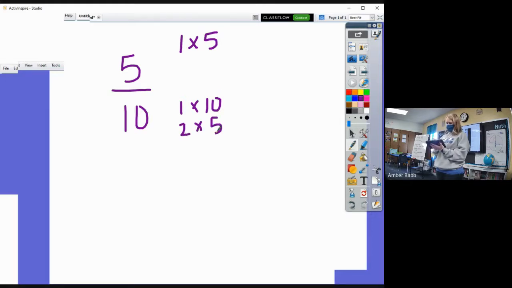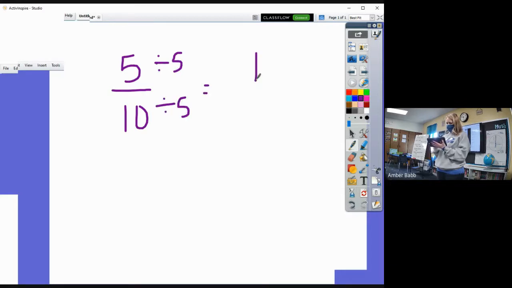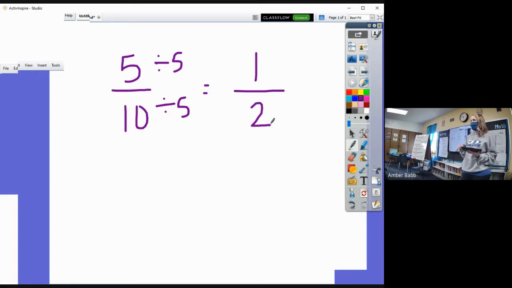What's my greatest common factor? 5. I'm going to divide the top and the bottom by 5. And when I do that, I get a 1 on top and a 2 on bottom. 5/10. 5 is half of 10. So some of you could just see right away.